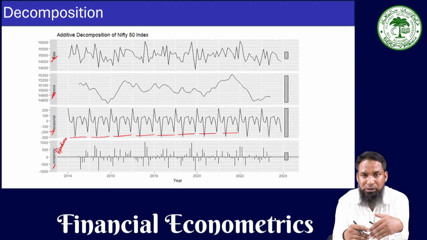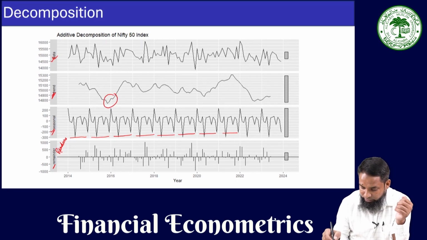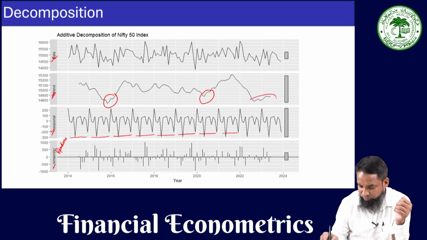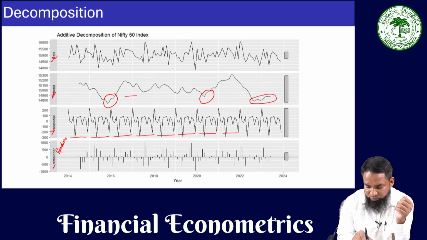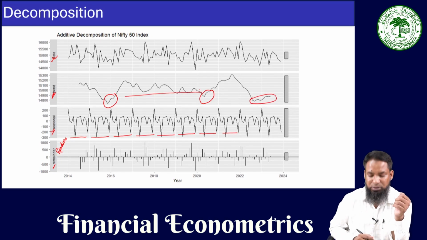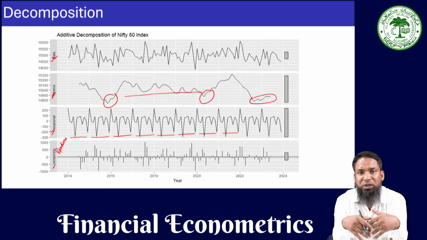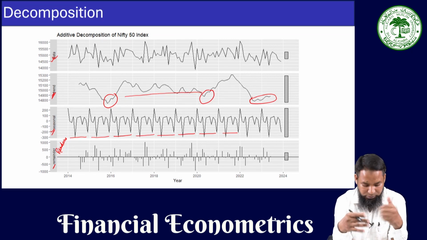However, if we see the trend, in 2016 there has been a dip. Then after 2020, around 2021, there has been a dip, and here we have a dip. So we can say for quite a period we have a stable phenomenon, from 2016 to almost 2018-19. And from this, we can analyze the different reasons which have affected this.